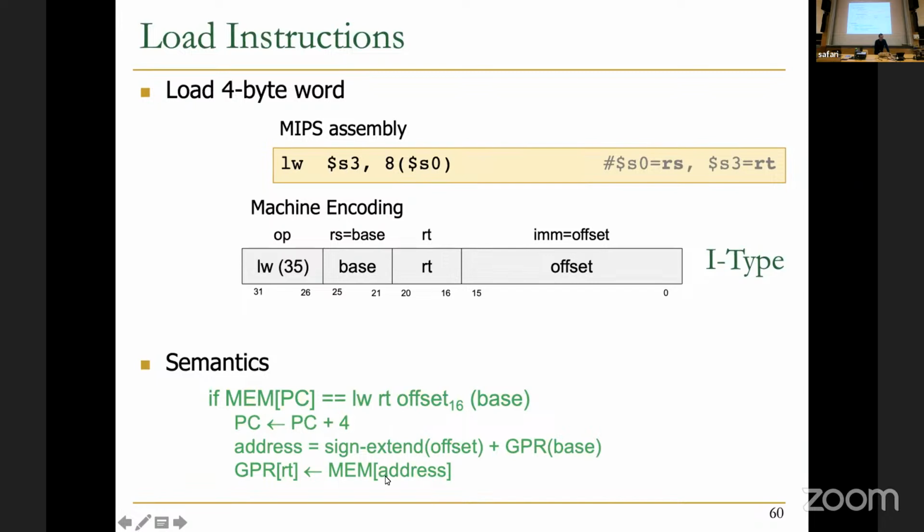Except we're going to use that address to index into memory, get the data value, and place it into the destination register specified by RT, which is also specified by the add immediate instruction because it's in the same location. So in that sense, those instructions are going to be very similar, and the data path elements are going to be very similar to the I-type instruction.